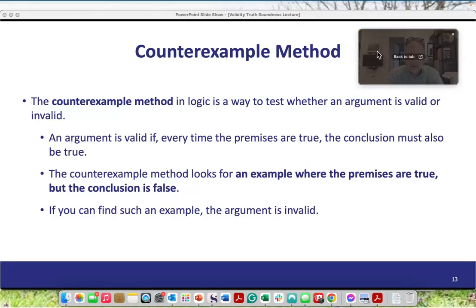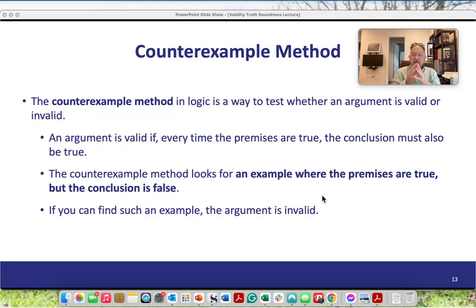All right, here's a counterexample method. These are all ways to test the validity of an argument, in this case, a deductive argument. An argument is valid if every time the premises are true, the conclusion must also be true. A counterexample looks for a way to have true premises but a false conclusion.